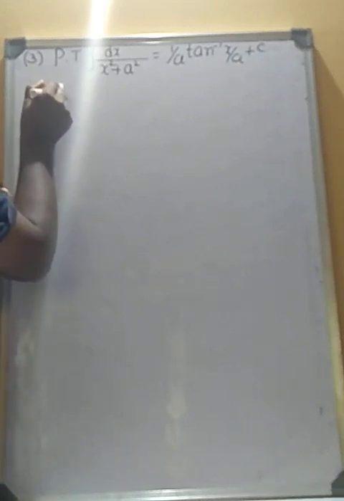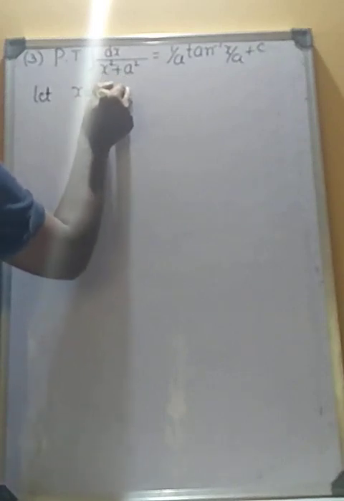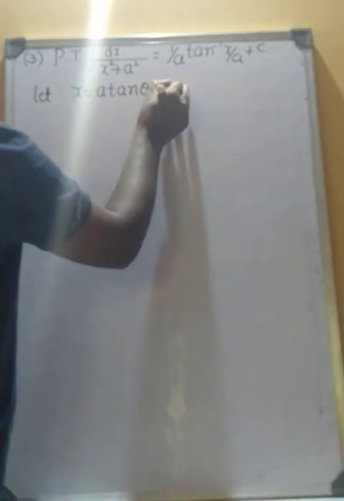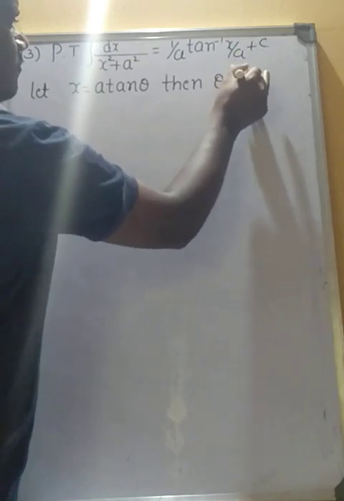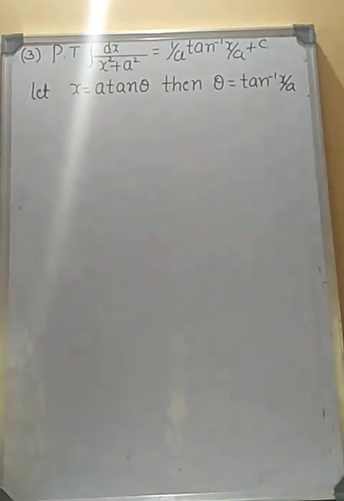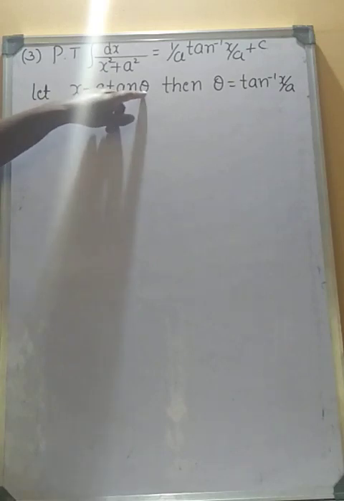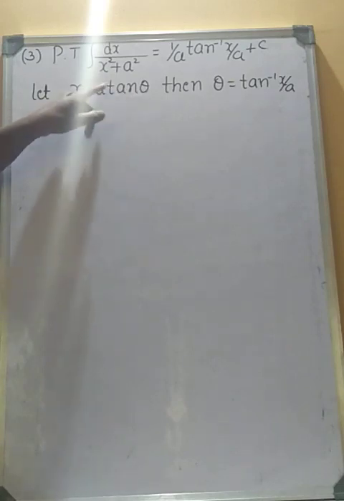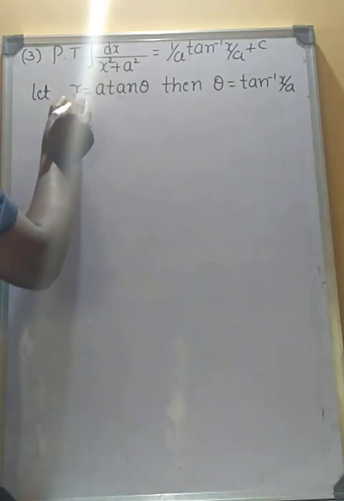Let x is equal to a tan theta, then theta equals tan inverse x by a. Now differentiate with respect to x.